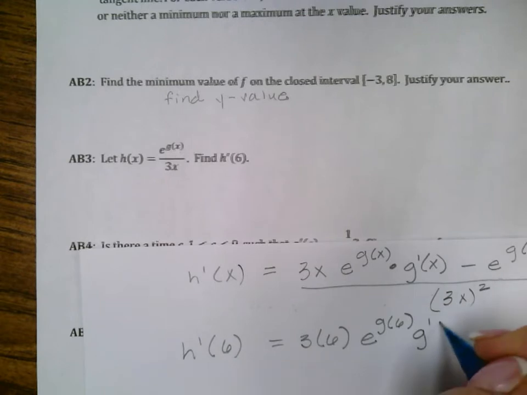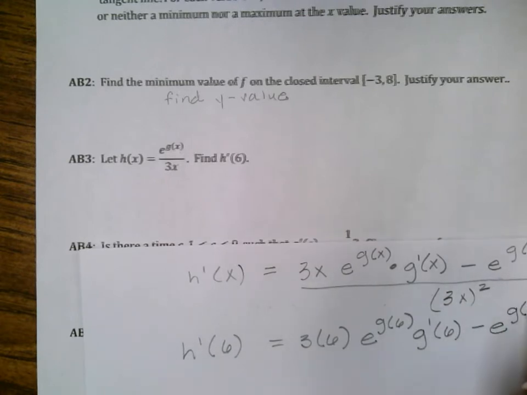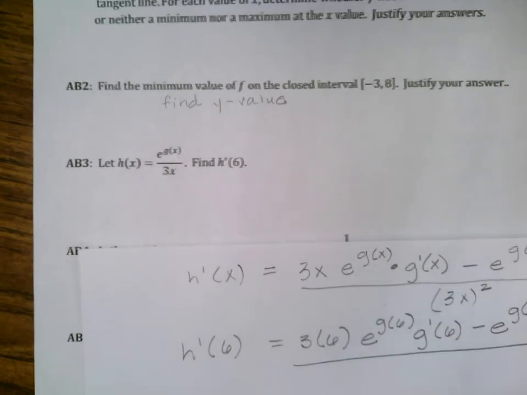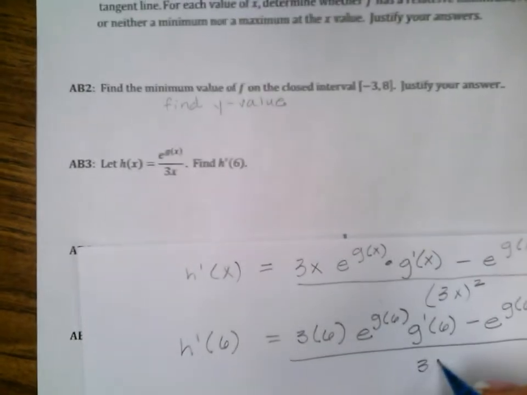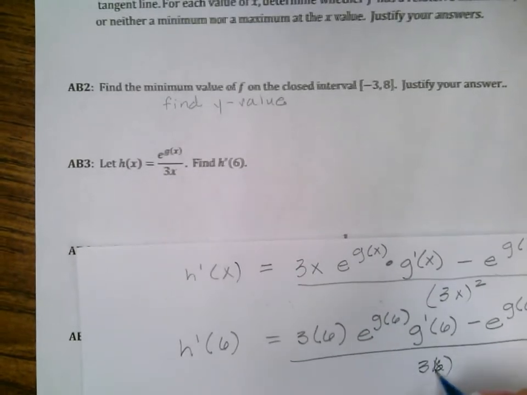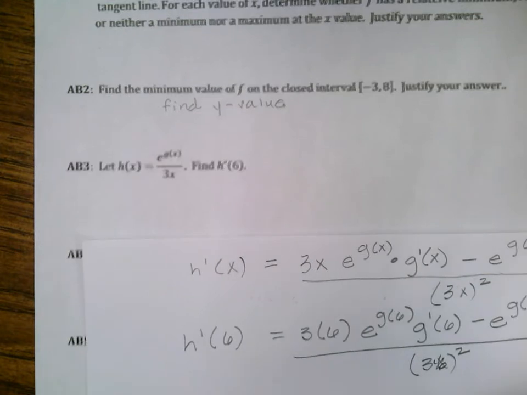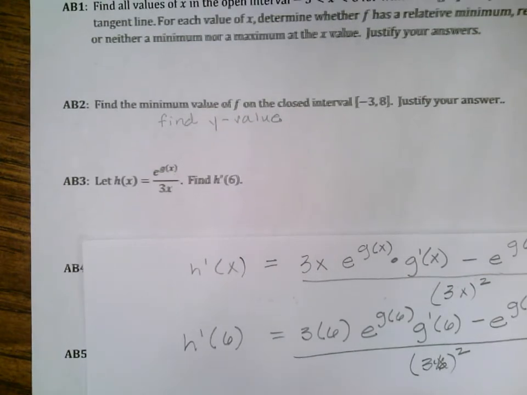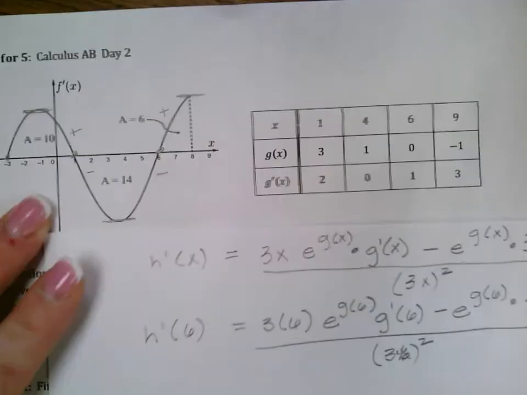Now you can't leave it exactly like this because it still has function values in it. It still has a g of 6 and a g prime of 6, but we can get those from the table here.